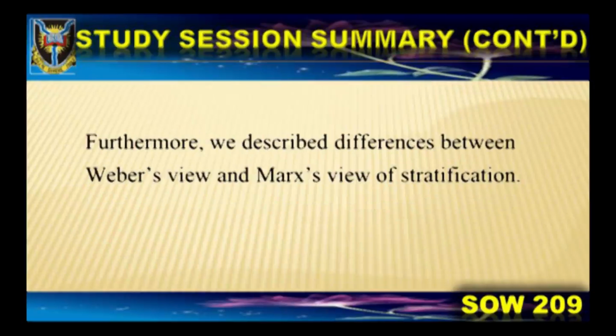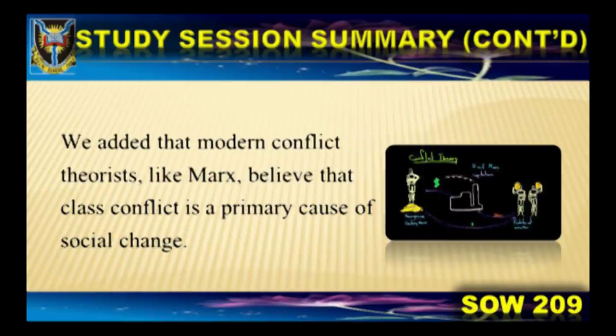Furthermore, we described differences between Weber's view and Marx's view of stratification. We added that modern conflict theorists like Marx believe that class conflict is a primary cause of social change.